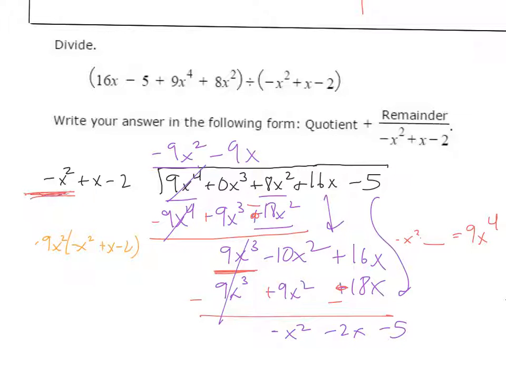And now I'm looking, same procedure. What would I multiply negative x squared by to get negative x squared? Well, I would use a negative 1. No I wouldn't, I would use a positive 1. Silly. So that'd be a negative x squared, and positive x, a negative 2.